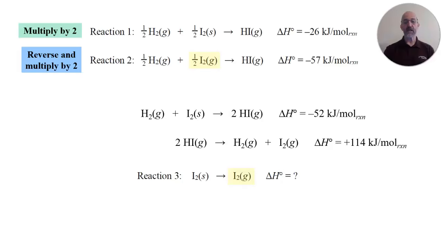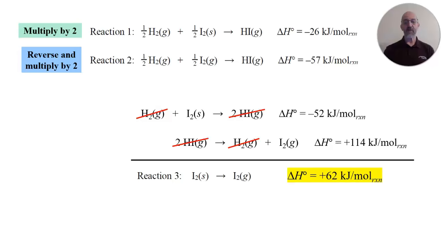I will draw a line underneath the modified versions of the equations. Do I see anything that can be crossed off on both the left and the right side? And the answer is yes. There's a hydrogen on the left, hydrogen on the right. There's 2 moles of HI on the left. There's 2 moles of HI on the right. And so now the answer to question 9 would be negative 52 plus 114.